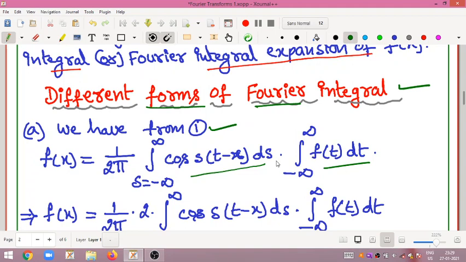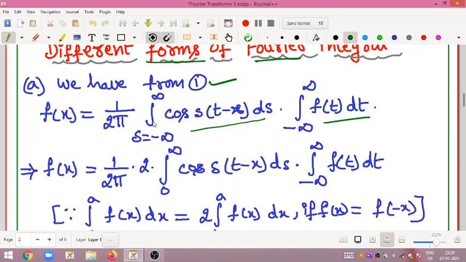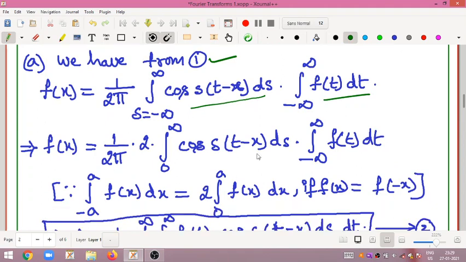Next, we all know that the integral from minus a to a of f of x dx is 2 times the integral from 0 to a of f of x dx, when f of x is equal to f of minus x. Here the cos function satisfies f of x equal to f of minus x.